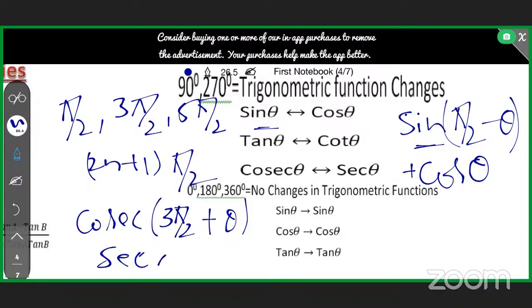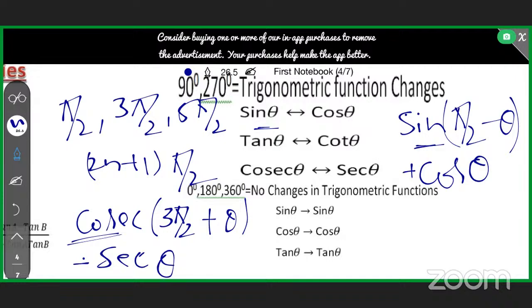The angle is theta. Now I have to check the sign. 3 pi by 2 is 270, so 270 plus theta means it is more than 270. So my angle is in the fourth quadrant. In the fourth quadrant, is cosecant positive? No, cosecant is negative. Therefore, it becomes minus secant theta.